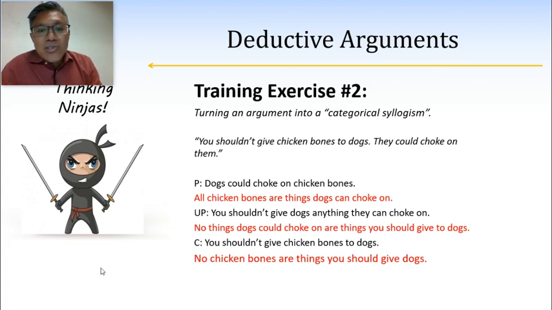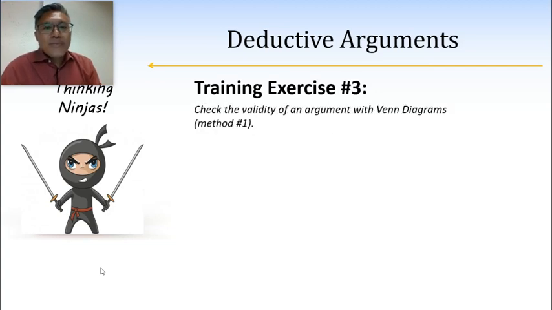And the meaning is still the same. So if you rephrased, you shouldn't give chicken bones to dogs as saying, no things you should give dogs are chicken bones, that's the same thing. That works too. Okay, that's fine. All right. So if it's a little bit overwhelming, you might want to try looking at this again and practice rephrasing the arguments into categorical syllogisms.